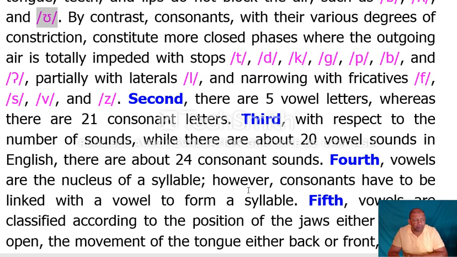Then we move to number 3, the number of sounds that we have in English. So we have 20 vowel sounds and about 24 consonant sounds, which means the total number is 44 related to English.